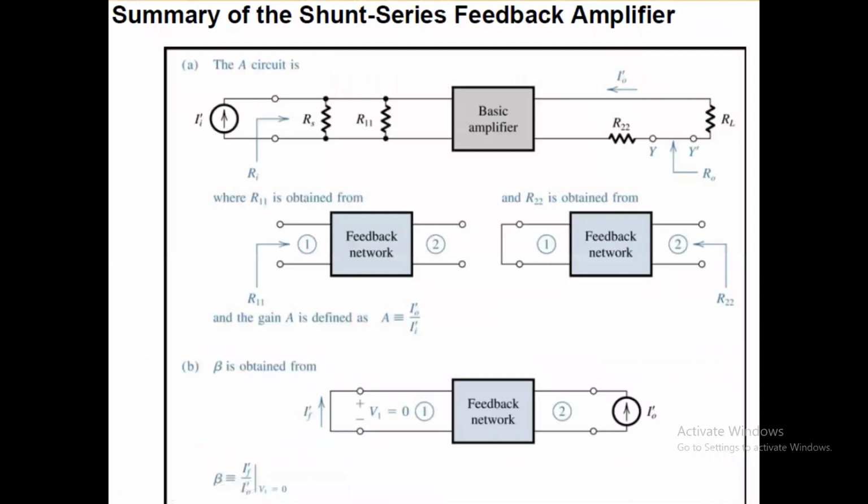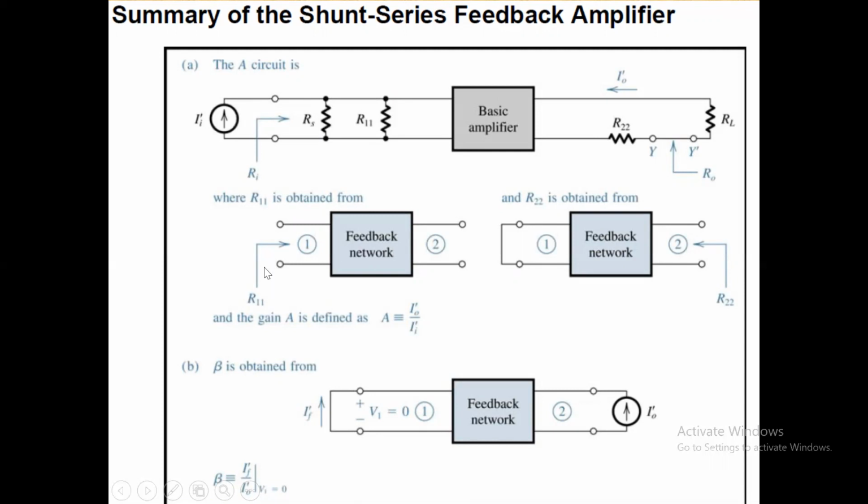So this just gives you in a similar way the summary of the shunt series feedback amplifier with feedback. In the A circuit, to find the value of A, we are using this type of circuit where we are lumping R11 with RS, and similarly R22 at the output side.